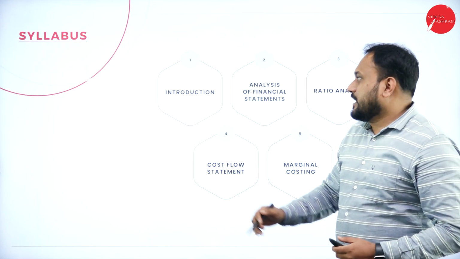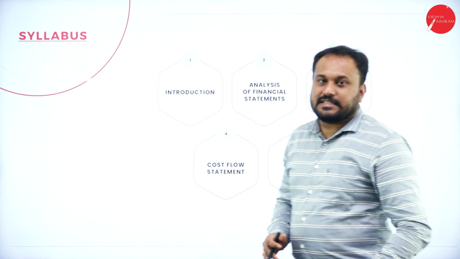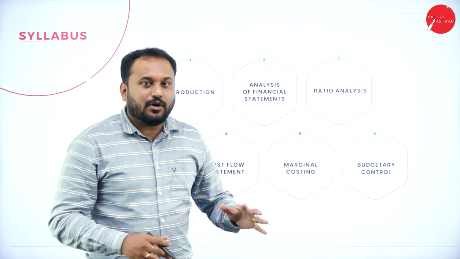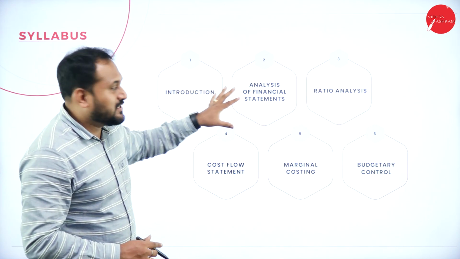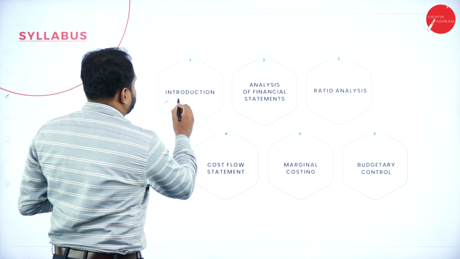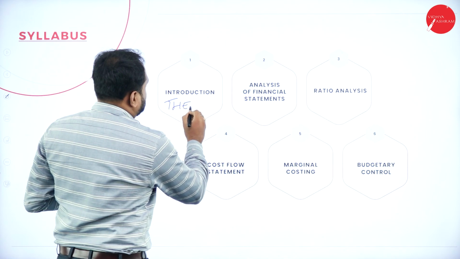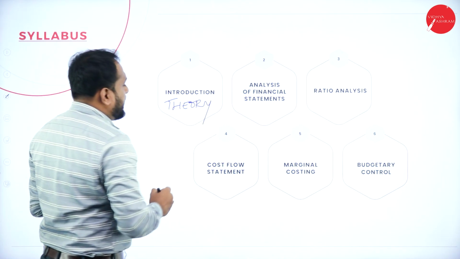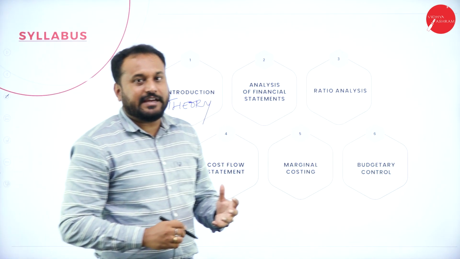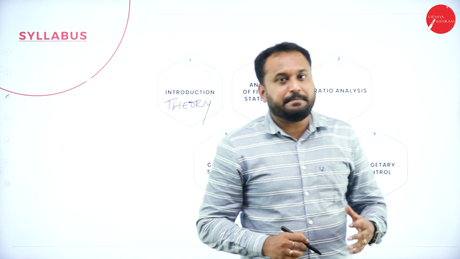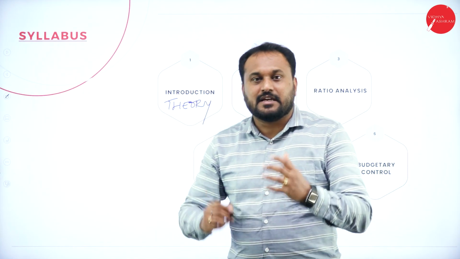When we go with the syllabus, please understand there are 6 chapters. The first chapter is the introduction part, where you have theory, and the probability of getting a theory question in part A, part B and part C is 100%.